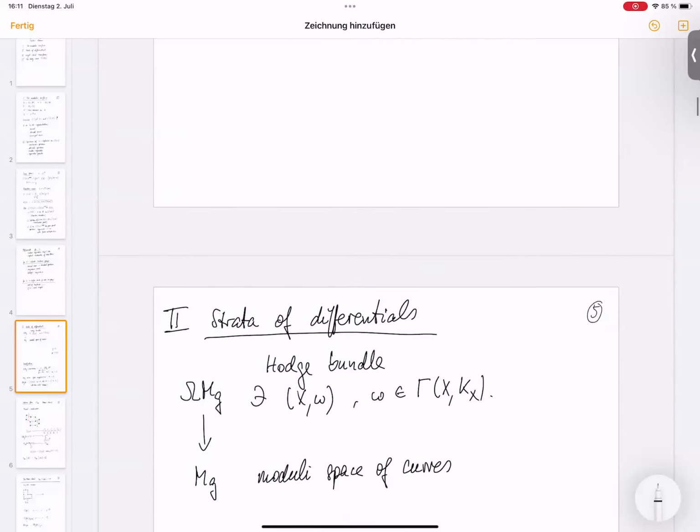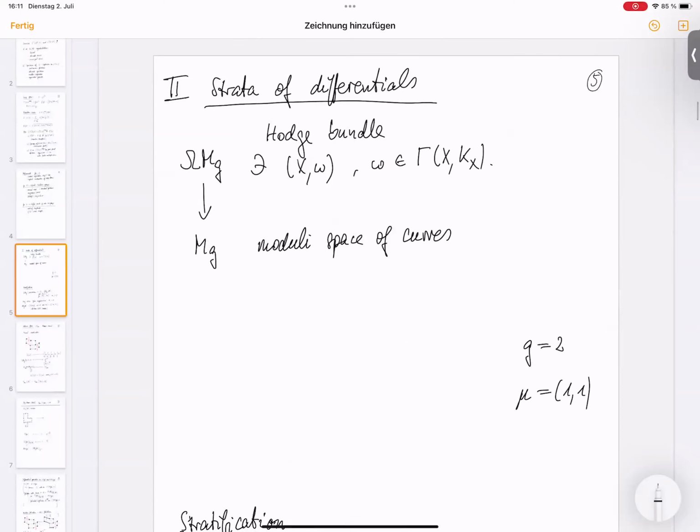Okay, so let me start by stating what I really want to do here. I consider a different space. I start with a moduli space of curves M_g, and I consider over it the total space of the Hodge bundle.